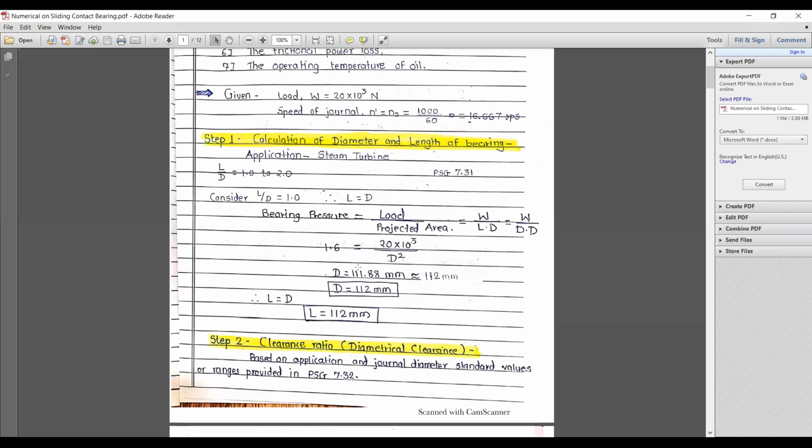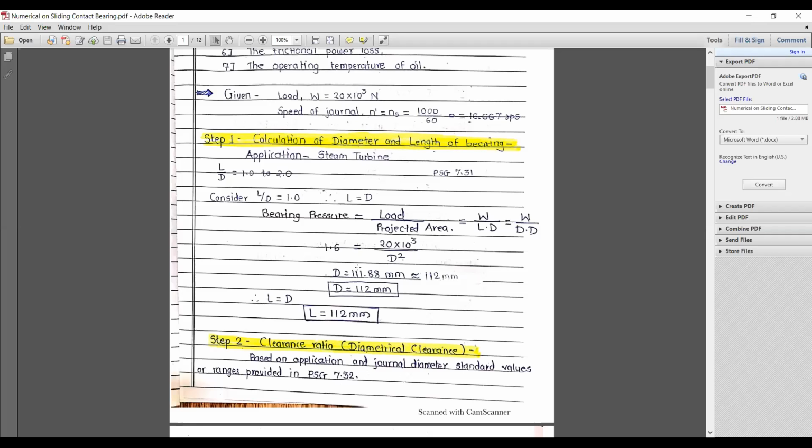Now to find the actual value, we have a bearing pressure given in the problem, that is 1.6 Newton per mm square. Bearing pressure is equal to load divided by projected area. Load is denoted by W, projected area is nothing but L into D. As the L by D ratio is 1, L is equal to D, so D into D, D square.